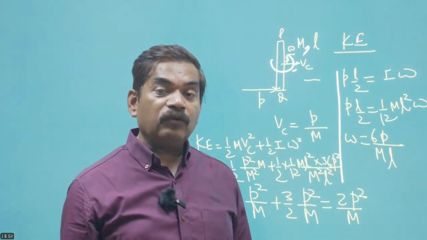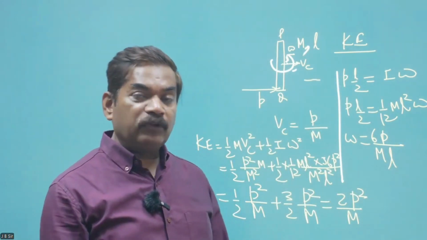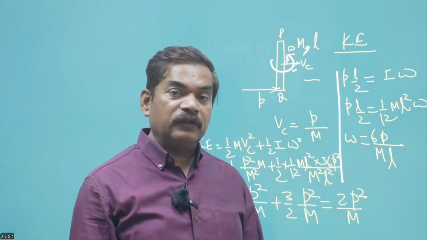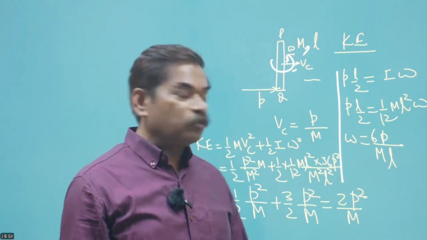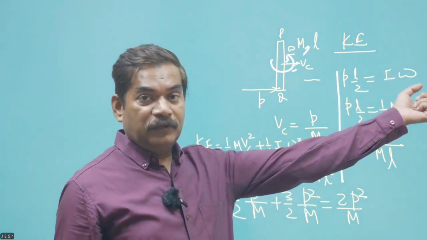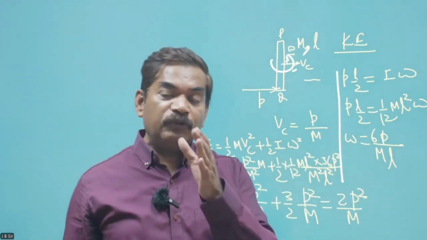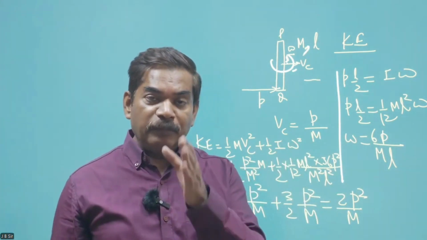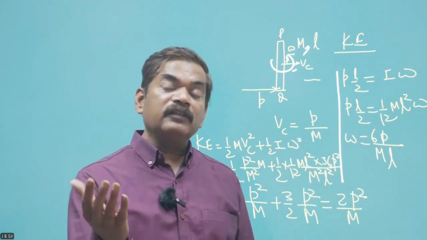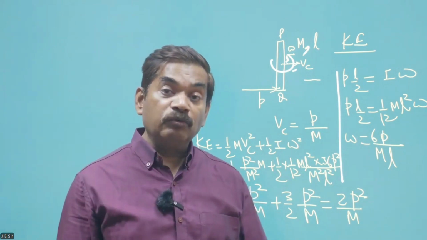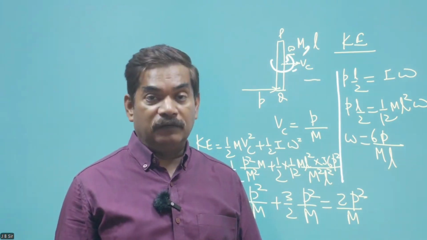So if the point of imparting impulse is away from the center of mass, omega will be more, otherwise less, and the kinetic energy depends upon that. That means if you want to impart minimum kinetic energy by imparting some impulse, what point should you pick? The center of mass.